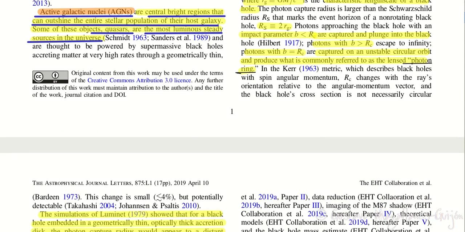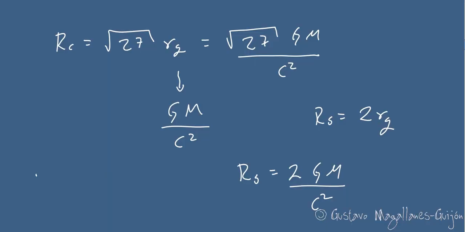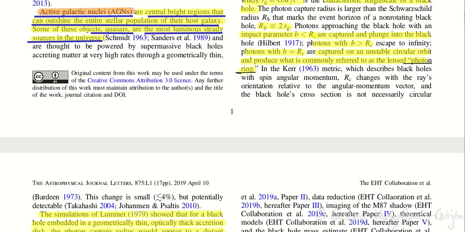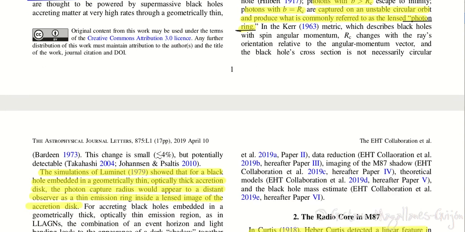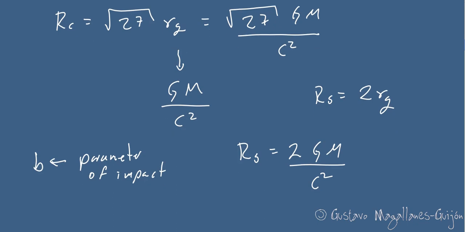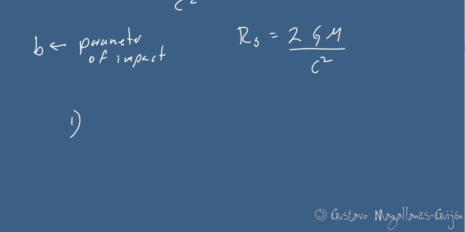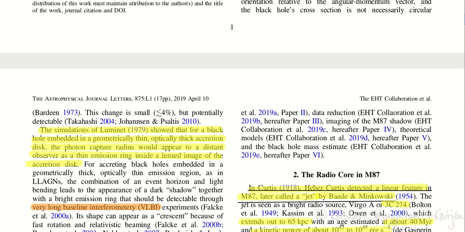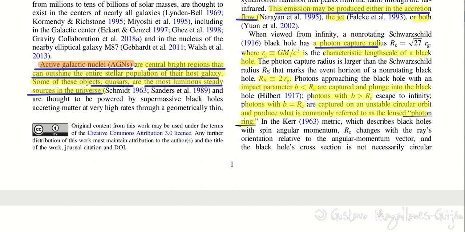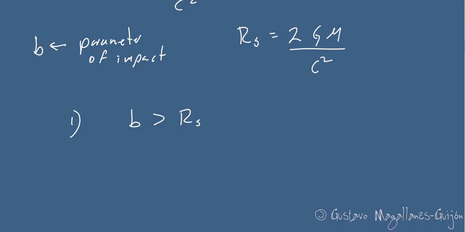The authors tell us that there is an impact parameter, the parameter of impact, and they tell us three scenarios. The first is that B is greater than Rc, the capture radius.